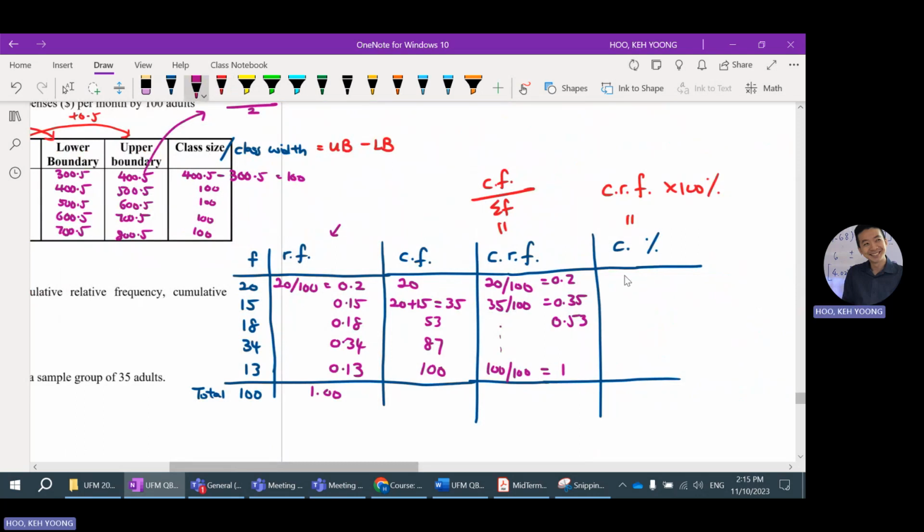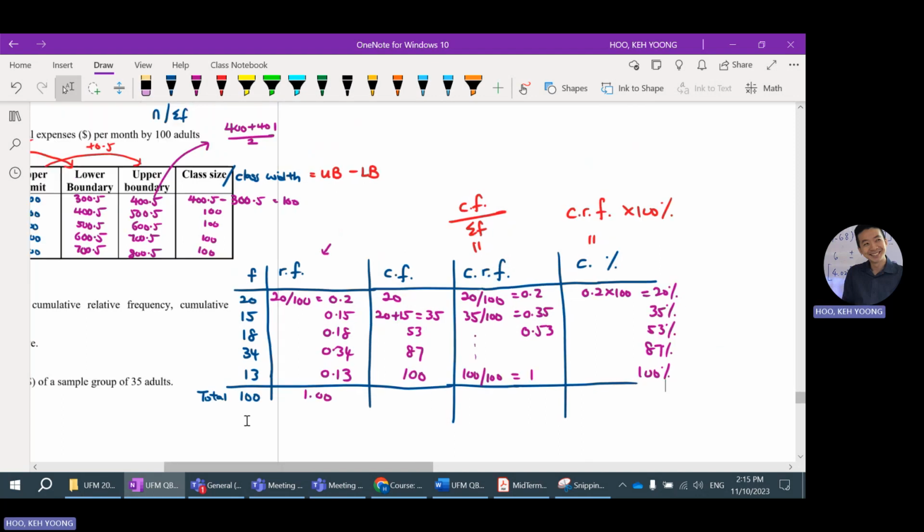So 0.2 times 100 would get 20%. Then the rest just follow: 35, 53, 87, and lastly you have 100%. This is the answers for question B.